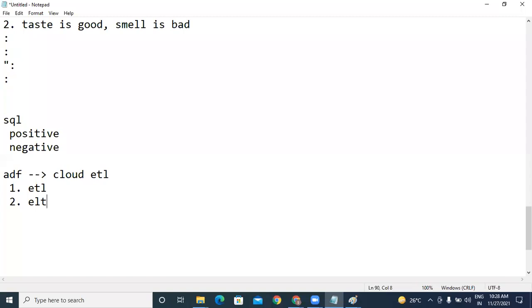ETL and its opposite version ELT. What is ETL? Extract, transform, load. What is the meaning of number two? Extract, load, and transform. Just reverse it. First step common, extract, load, and then transform.